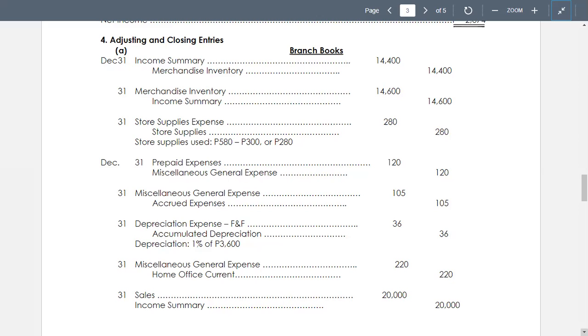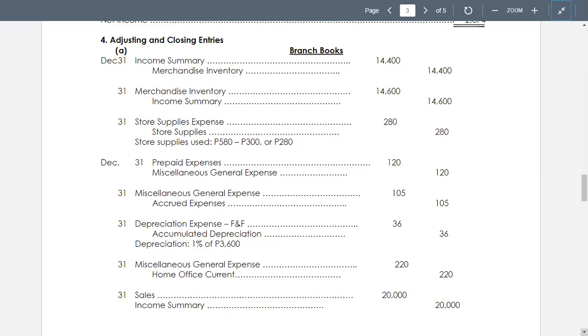The home office had charged the branch with the following expenses that have not yet been recorded by the branch: taxes and insurance for 220.